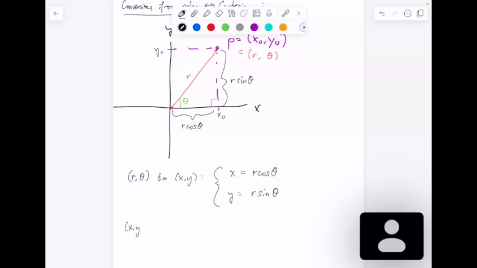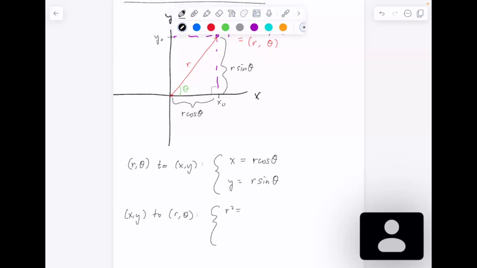And now what about x, y to r theta? Well, you could find r relatively easily. You want r squared to satisfy what in this case? If r is the hypotenuse of a triangle, what does r squared satisfy? By Pythagoras, it should be the length of this leg squared and the length of this leg squared all added together. So this is x squared plus y squared.